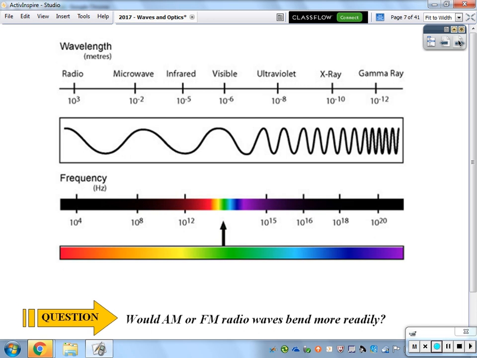And AM typically carries more of your talk shows and that sort of stuff, if people even listen to radio anymore in that traditional sense. But anyway, kind of a fun little fact for you. So, would AM or FM radio waves bend more readily? Now that I've pretty much given you the answer, the AM radio waves. They're able to travel longer distances and move around things a little bit easier.